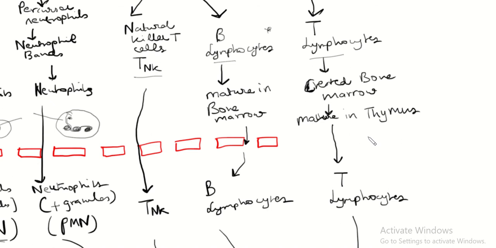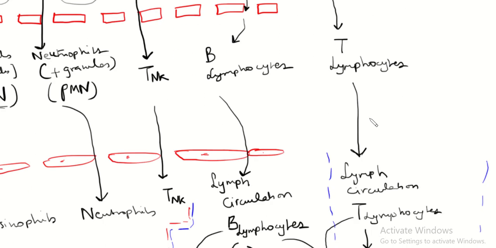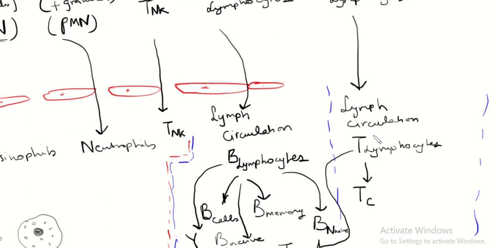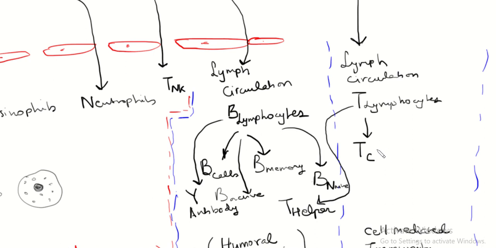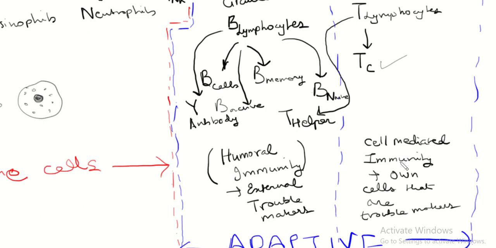Essentially, from the thymus, these T lymphocytes go into circulation, especially the lymph circulation, where there's a type called the T cytotoxic cell. That's the big one for cell-mediated immunity.